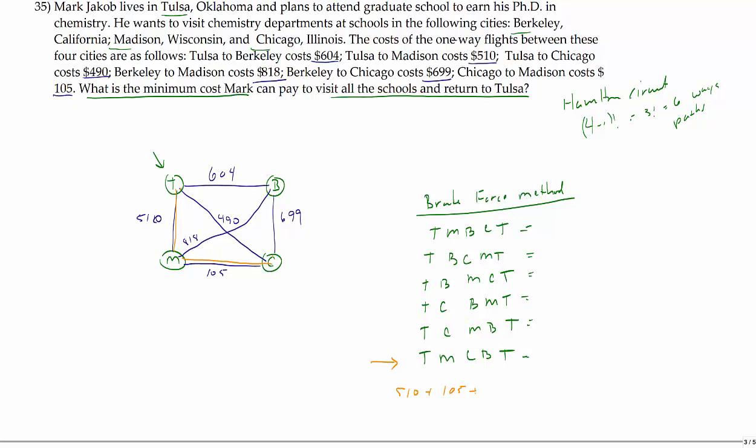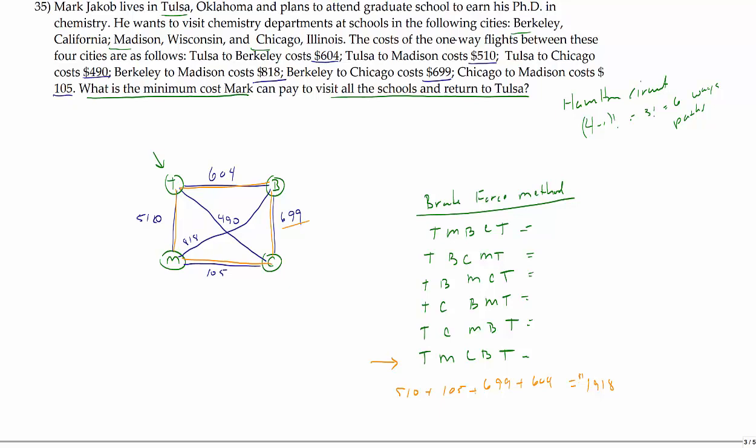Then Chicago to, let's see, that was Berkeley. So that cost is $6.99. And then I go from Berkeley back to Tulsa, which is $6.04. When I add up all of those, I get a total of $19.18. So $1,918. I have to do the same thing for all of the paths.